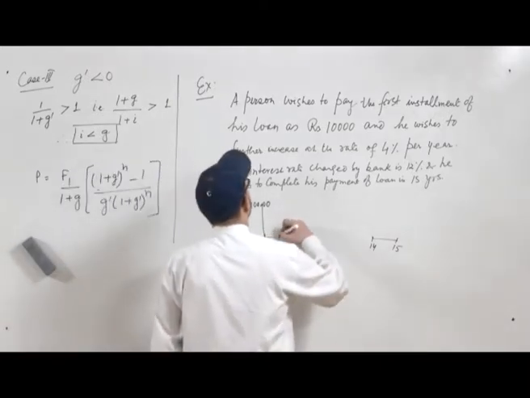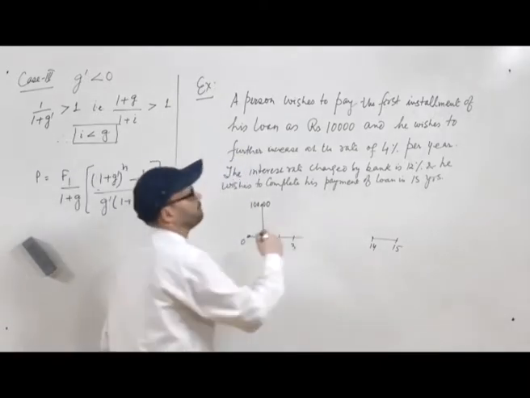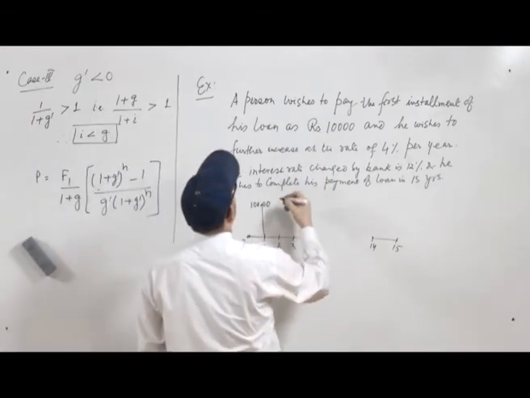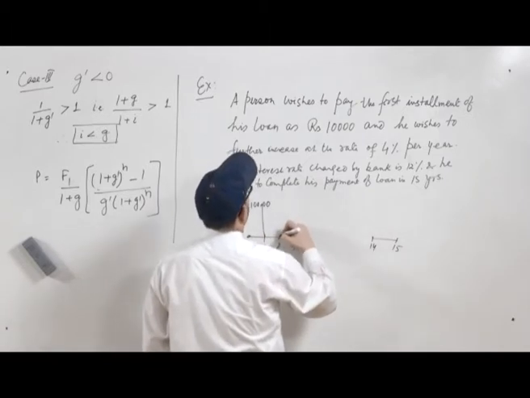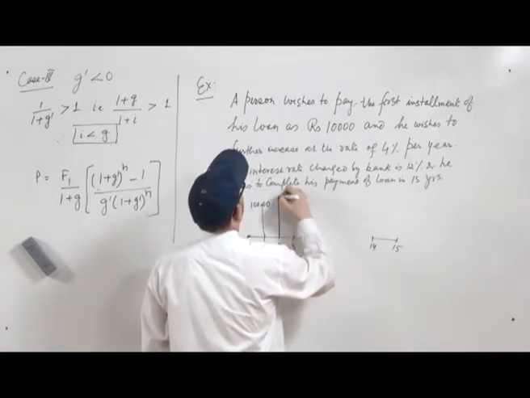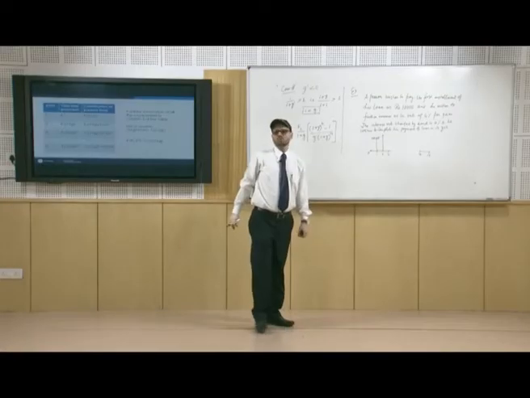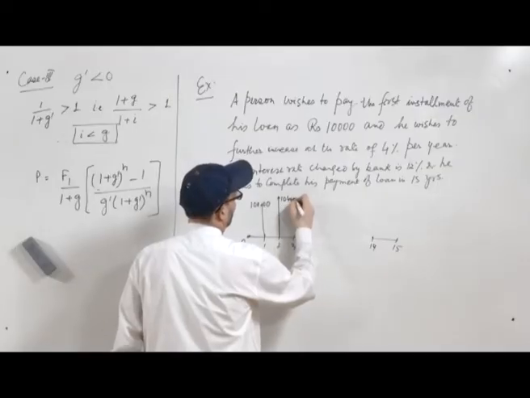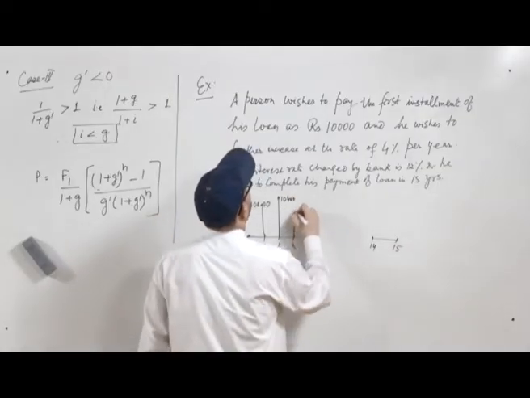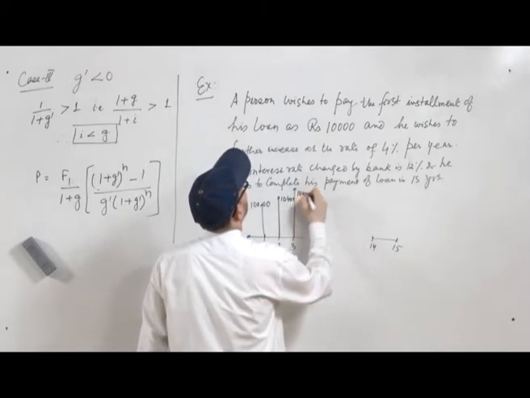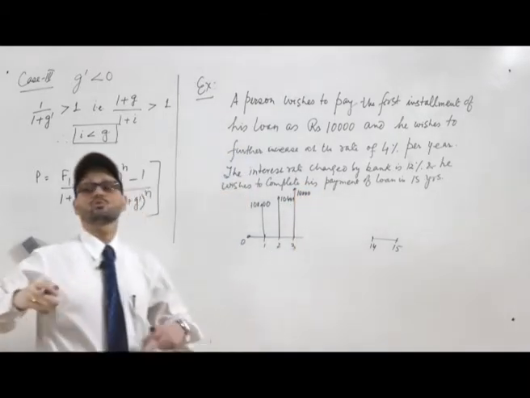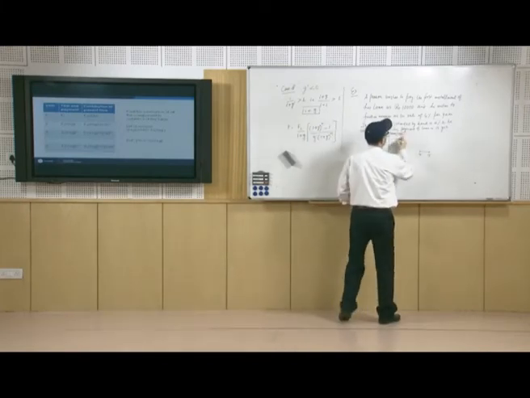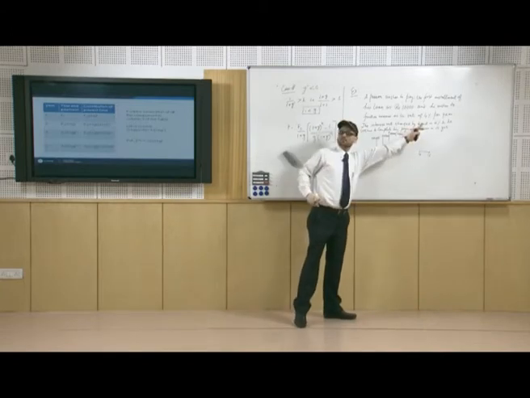In the second year the bank will get a 4% increase, so it will be 10,000 into 1.04, that is 10,400. Next, 10,000 multiplied by 1.04 to the power 2, that is 1.0816. So, this way it will go on increasing.